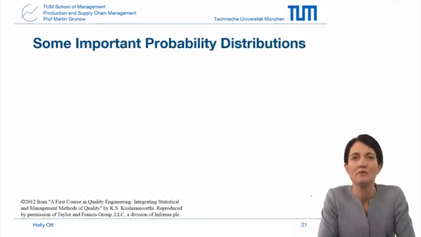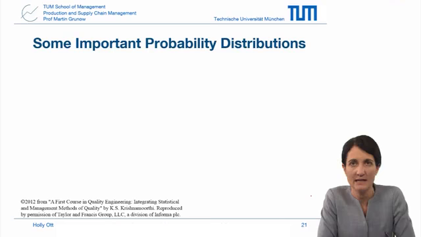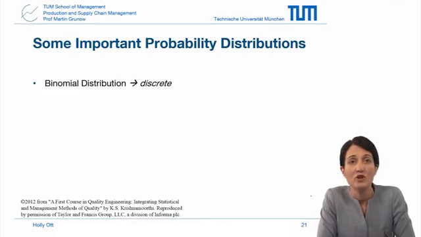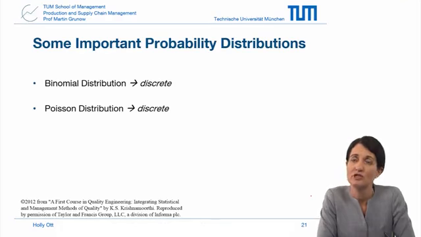So, some important probability distributions. In the next section, we will introduce the probability distributions that are most useful for describing random variables encountered in quality engineering. The binomial and the Poisson distribution are probability distributions, PMFs, for discrete random variables.